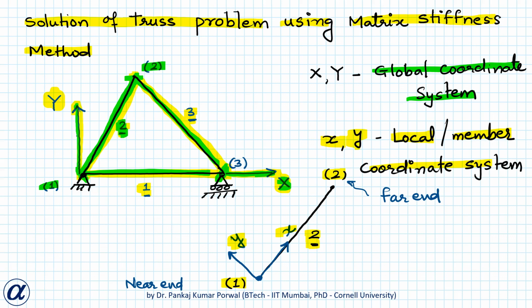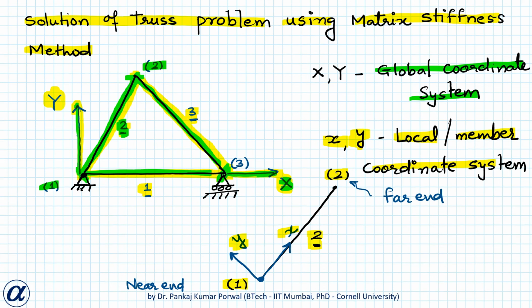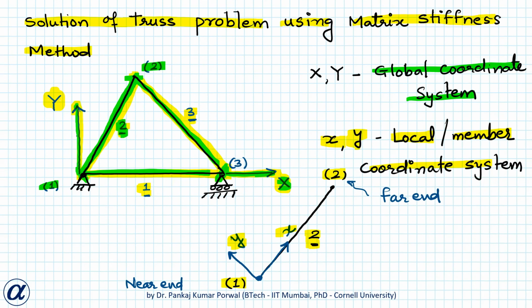For that we need to transform the nodal forces and nodal displacements for each member from the local coordinate system to the global coordinate system, and for that we use transformation matrices.